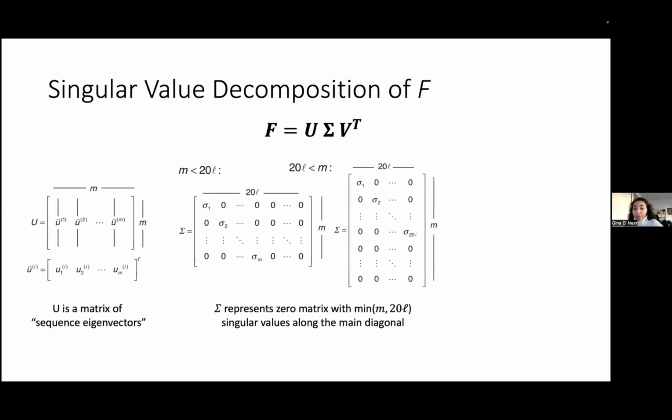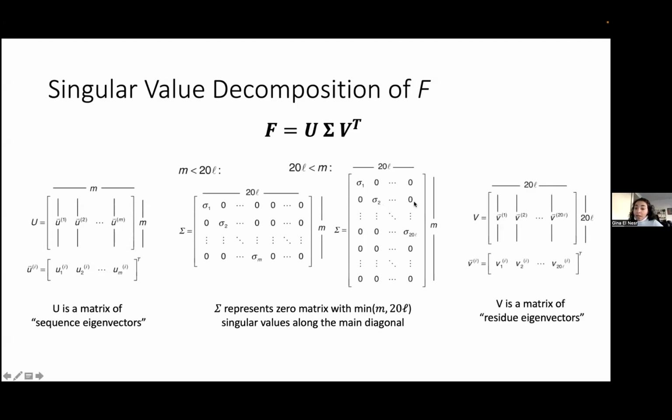That main diagonal and those singular values are really important when it comes to representing and visualizing them in space. And then you have V, a matrix of residue eigenvectors. Those represent each of the residues within your multiple sequence alignment and what weight they carry.